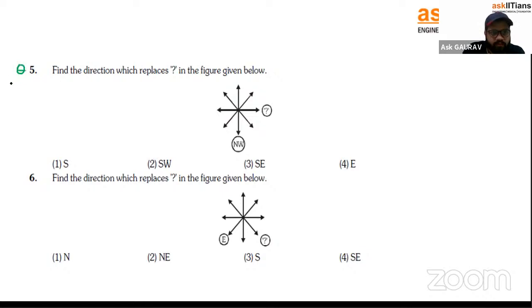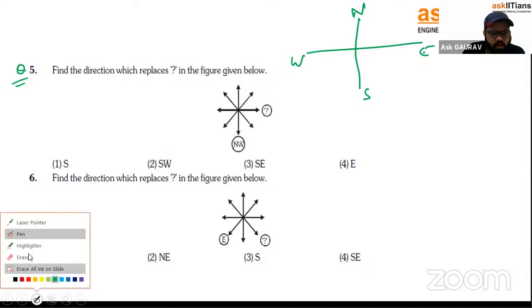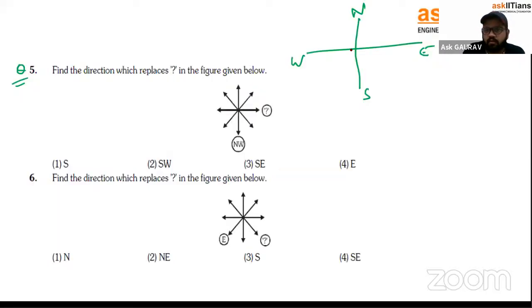Okay, guys, question number 5. Find the direction which replaces the question mark in the given figure below. For this question, compare with the standard diagram. What is northwest? In between them, this is northwest.